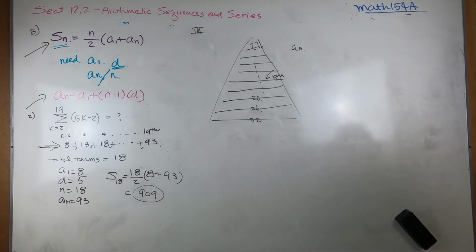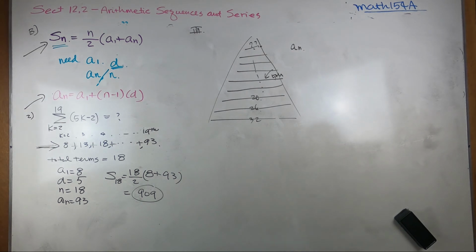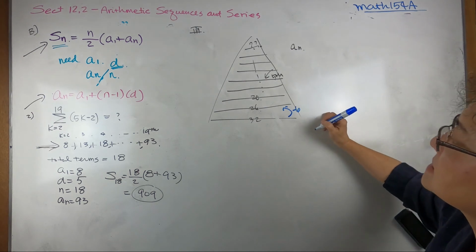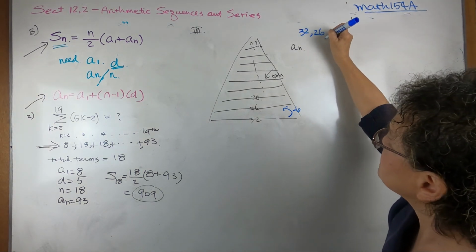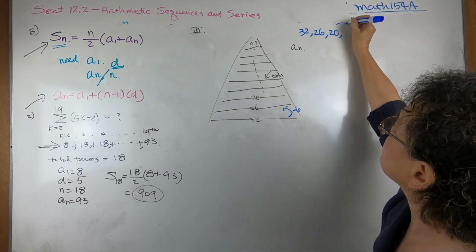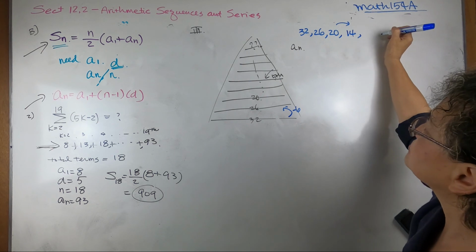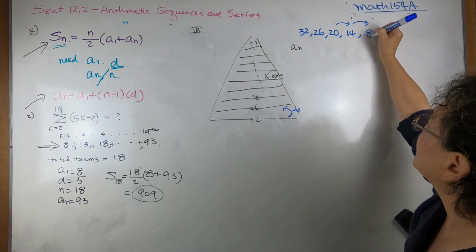So if it's 32 first, 26, 20, what do you think? Each one will be minus 6, right? Will be 32, 26, 20. What's the next? Minus 6 will be 14, right? Next one, minus 6 will be 8.